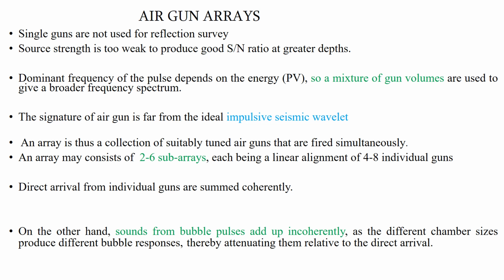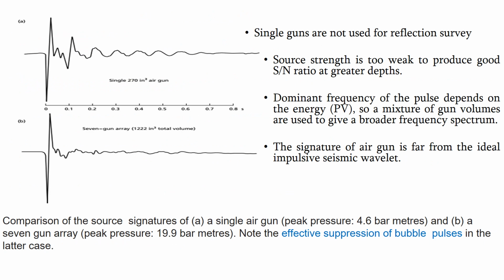Generally, the direct arrivals from the guns are summed coherently, and the sounds from the bubble pulse add incoherently. The different chamber sizes produce different bubble responses, thereby attenuating them relative to the direct arrival.